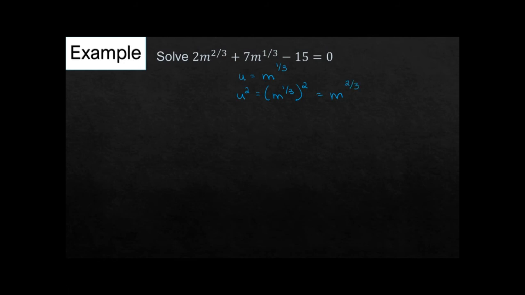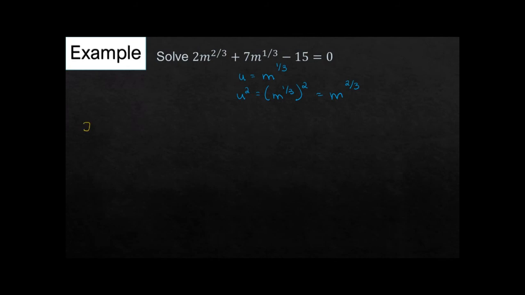And when you multiply exponents, that gives m to the 2/3. So that's why when you see something with rational exponents, the tops need to be 2 and 1, but the denominator needs to be the same, but it doesn't matter what the denominator is. So now that we've determined what u is, and we can see that u squared is in the equation, you can rewrite it.